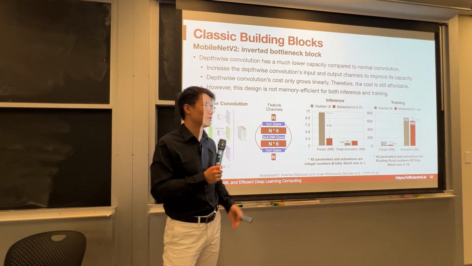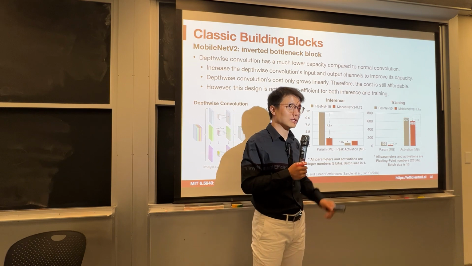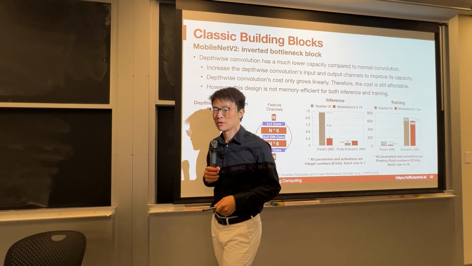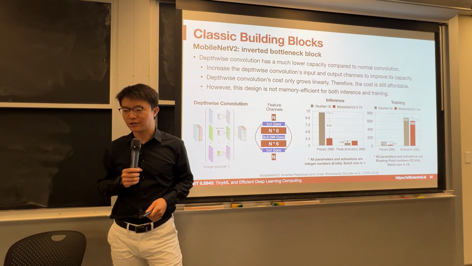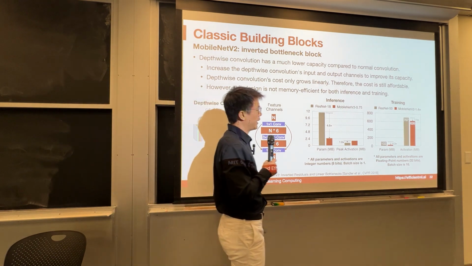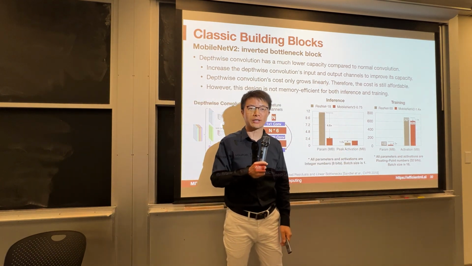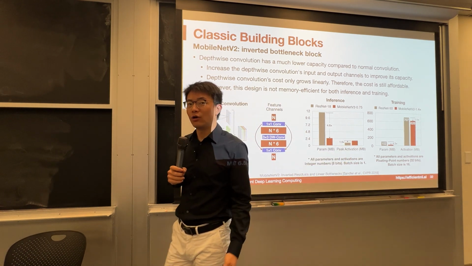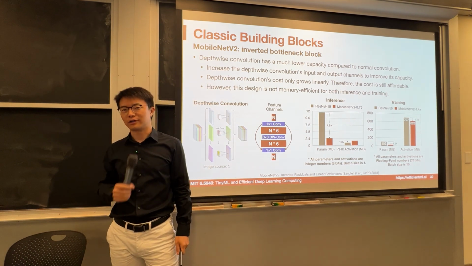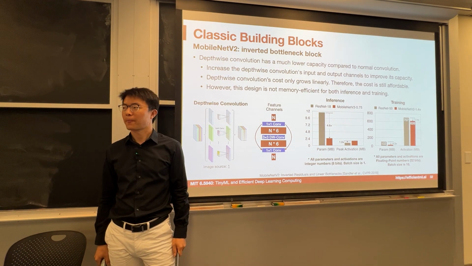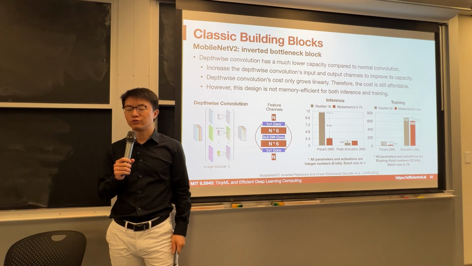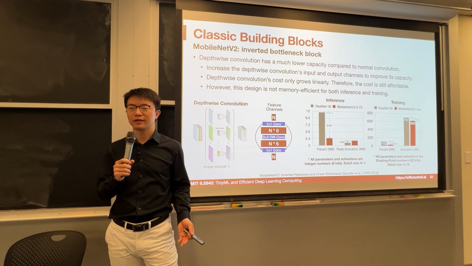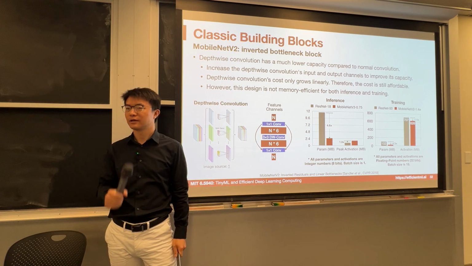Peak activation is not equal to the total activation, but the input activation plus the output activation, which is what we have to put in the AI chip. And you can guess why this inverted bottleneck is leading to even larger activation, even though the model size is much smaller. Compared with the ResNet, which is using the bottleneck, this is using the inverted bottleneck.